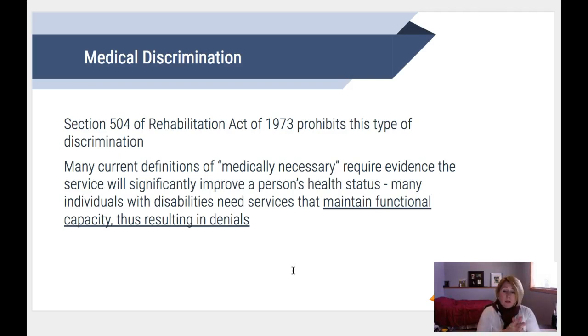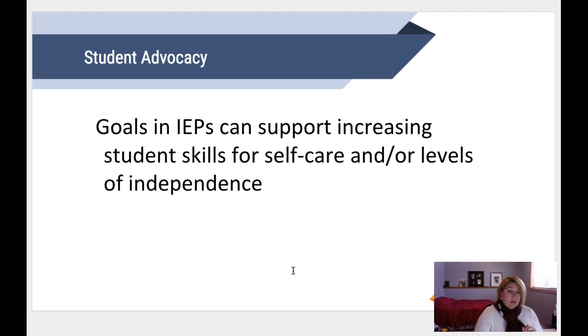Well, a lot of the current definitions of medical necessity require that you show that they need this to improve their health, which is not the same as saying we're going to give them this intervention, this surgery, this service to maintain their capacity. So often, insurance companies are denying some of these services. All right.